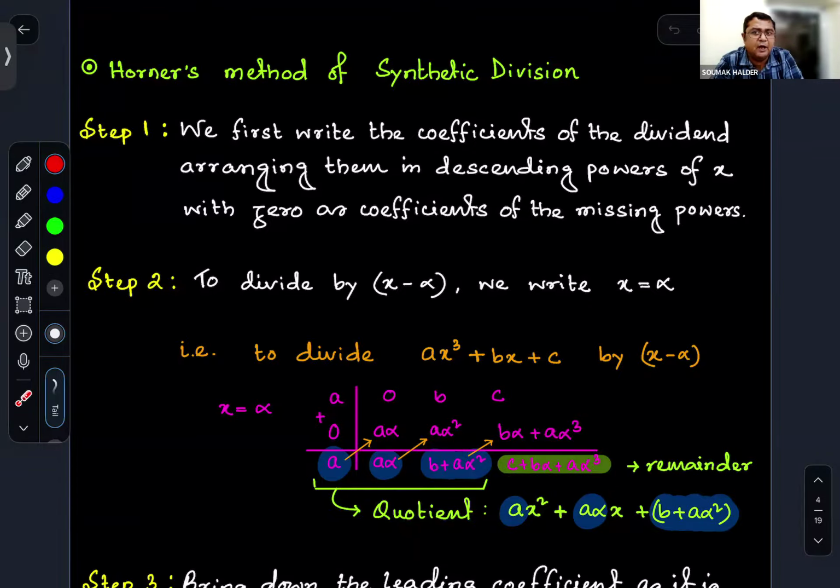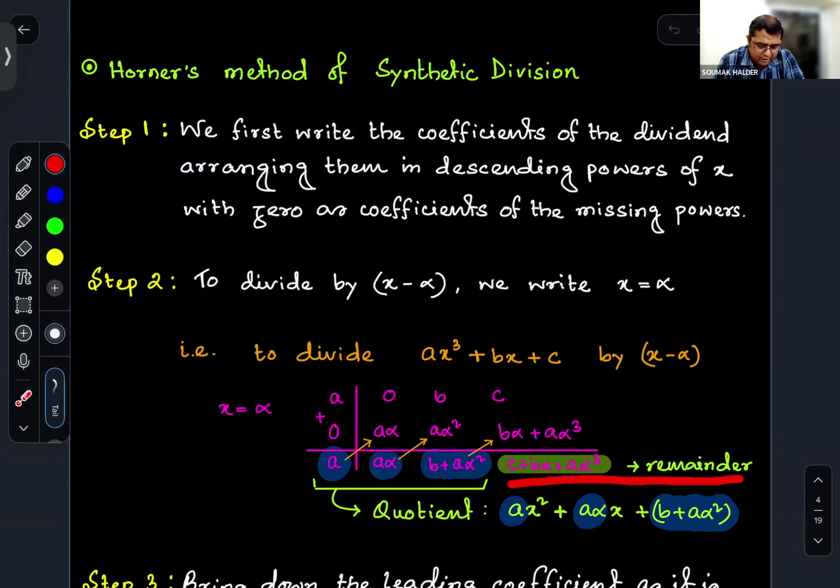Even it is justifying how the remainder theorem confirms that if polynomial p of x is divided by x minus alpha, the remainder is going to be p of alpha. We noted this the other day. So how it is happening, there is a glimpse of how it works. For the last column, see, the final result you got is exactly the same as the dividend substituted with alpha for x.